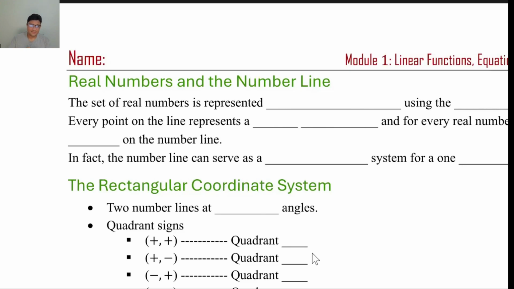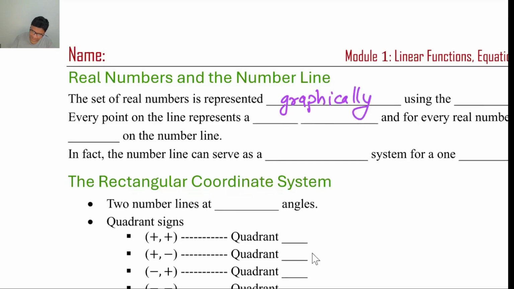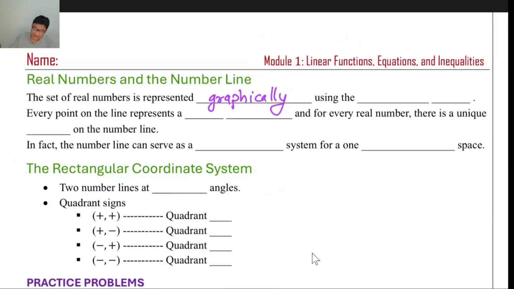And hence, we also want to look at it visually. Many times it will be easy to look at numbers visually. The set of real numbers is represented graphically, which is the mathematical way of saying visually, using what we call the number line.